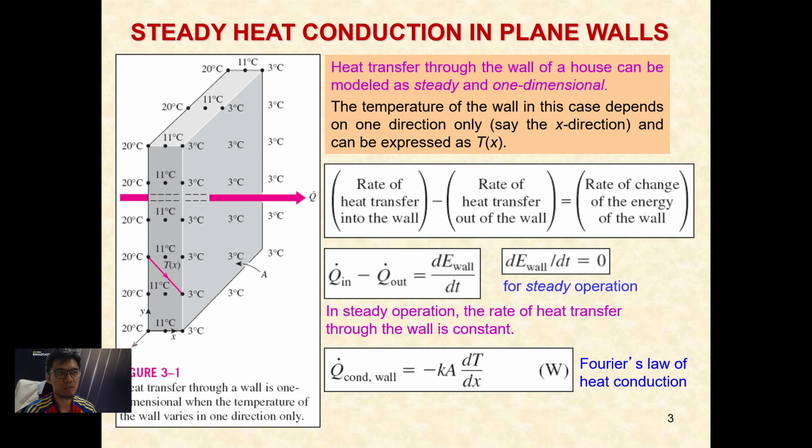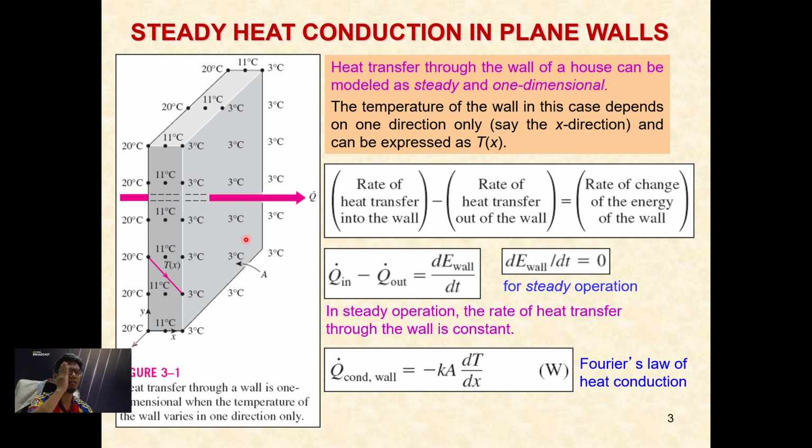So to make it simple, take a look at this figure 3.1 here. For example, on this side we have a higher temperature. Then on the right side here we have the lowest temperature in the figure. Of course you can go even deeper, -10, -20, but in the figure here the lowest temperature is 3.